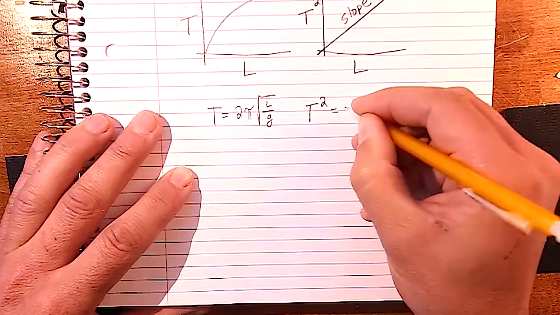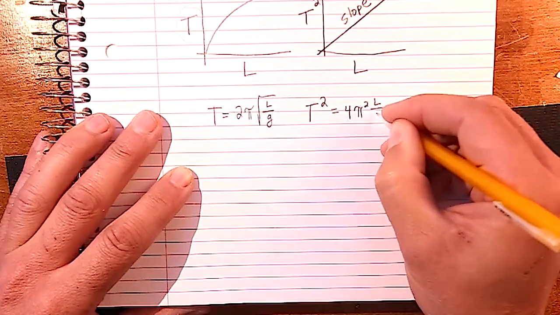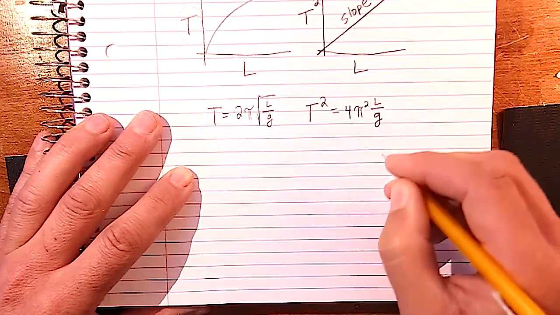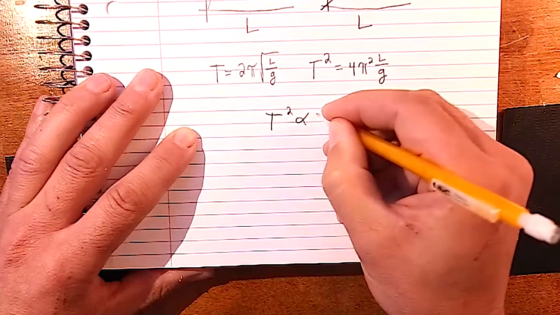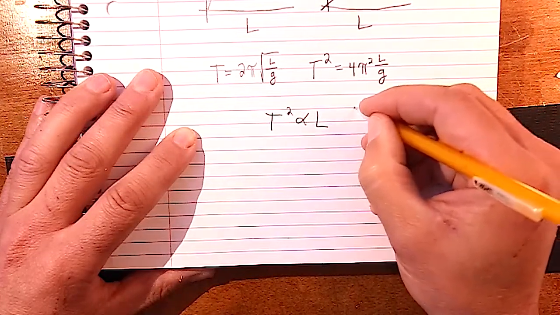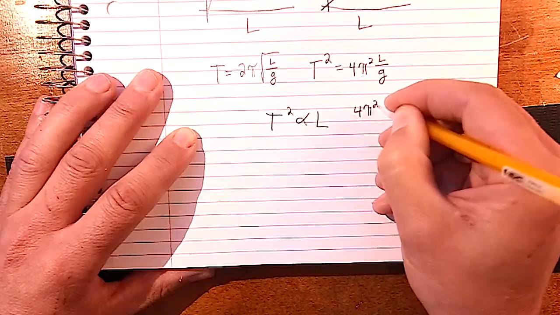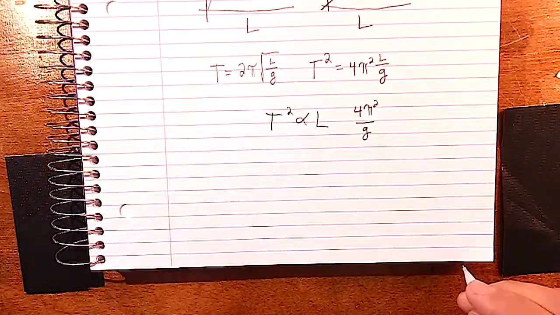And that gives us T squared equals 4π squared L over g. So we can say that T squared is directly proportional to the length, and that the constant is 4π squared over g. That's going to be the slope of the line.